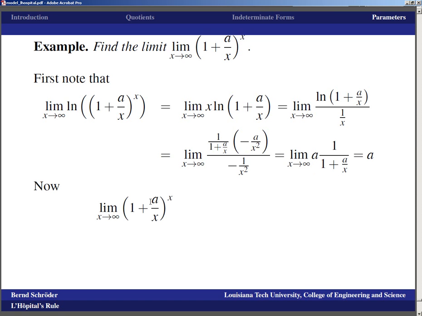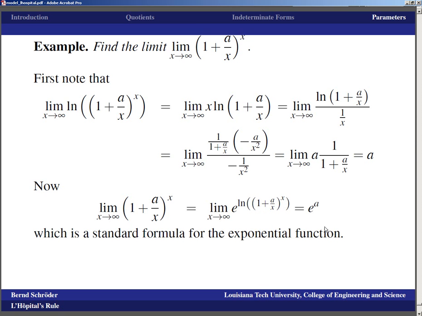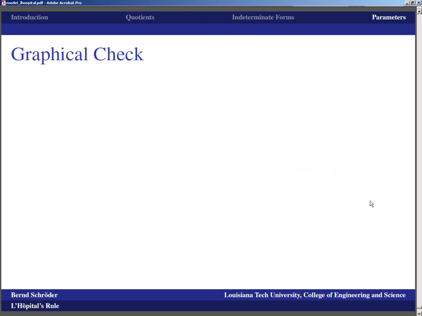And so that means that the limit of 1 plus a over x raised to the x is the limit of e to the ln of what we had previously. And we pull the limit into the exponent, and that's e to the a. And that is actually rather nice. That is a standard formula for the exponential function, which we can now prove fairly quickly. Now, this is not how the exponential function is represented numerically inside a computer, but whenever these kinds of limits come up, we know now that we're defaulting to the exponential function.